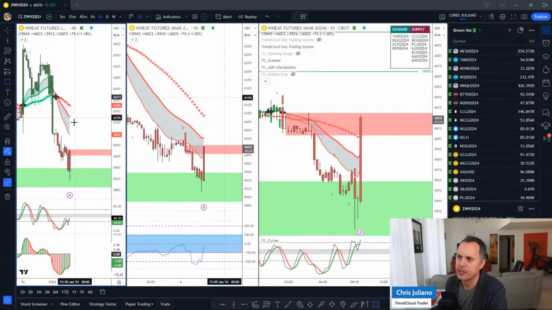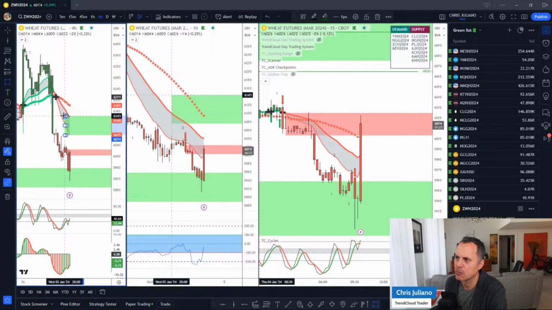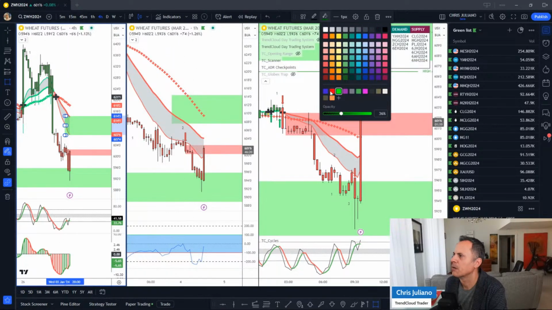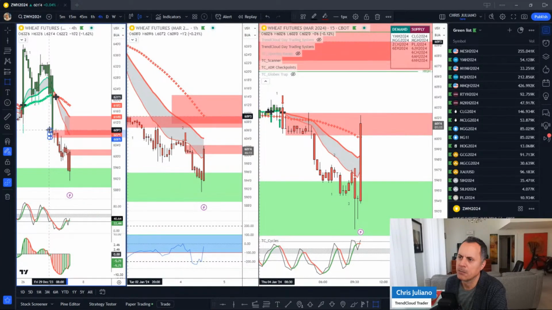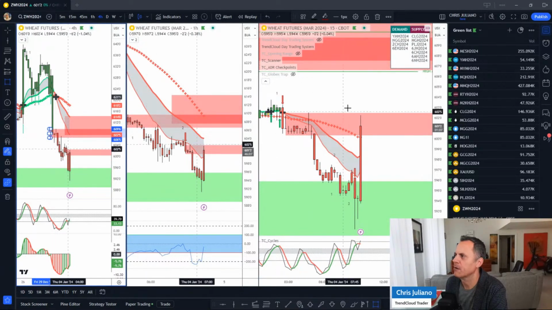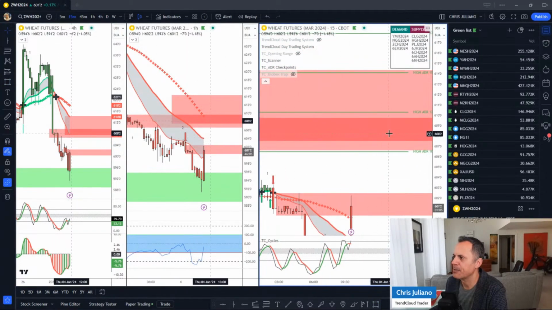Well, right here. Here's your trend cloud on the high time frame, right there. Okay. We've got right here a drop, base, drop right there. So you can see where the overlap is. Okay.